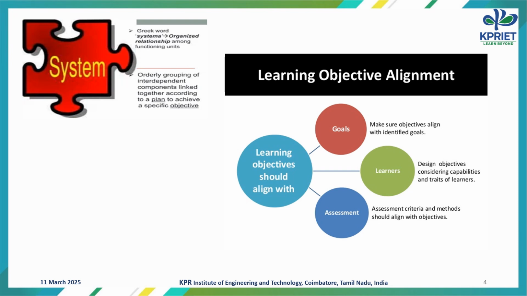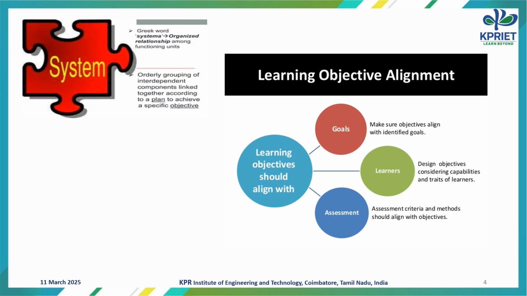So, an orderly grouping of interdependent components linked together according to a plan to achieve specific objectives. If all are working to achieve a specific objective with a plan, that is called a system, a systematic plan. Okay.